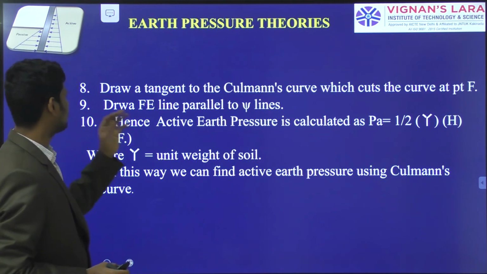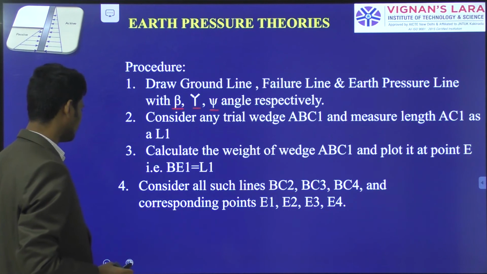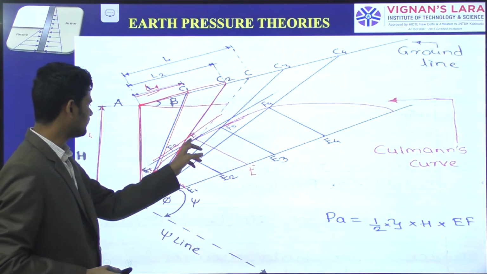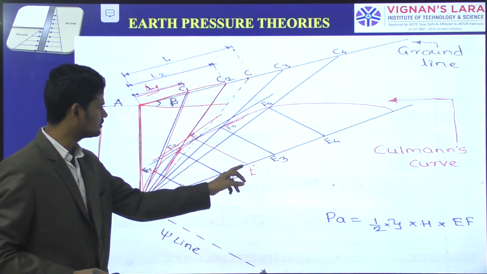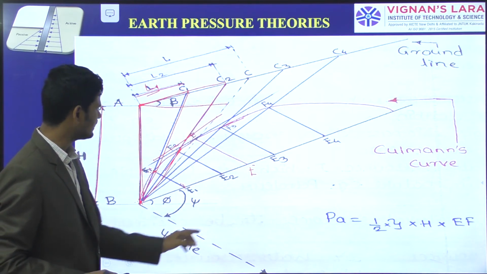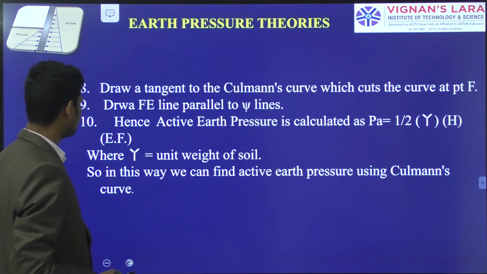Draw the FE line parallel to the J line, where FE is the failure plane. Correspondingly we are drawing a failure line parallel to the J line, where this FE is the active earth pressure line.